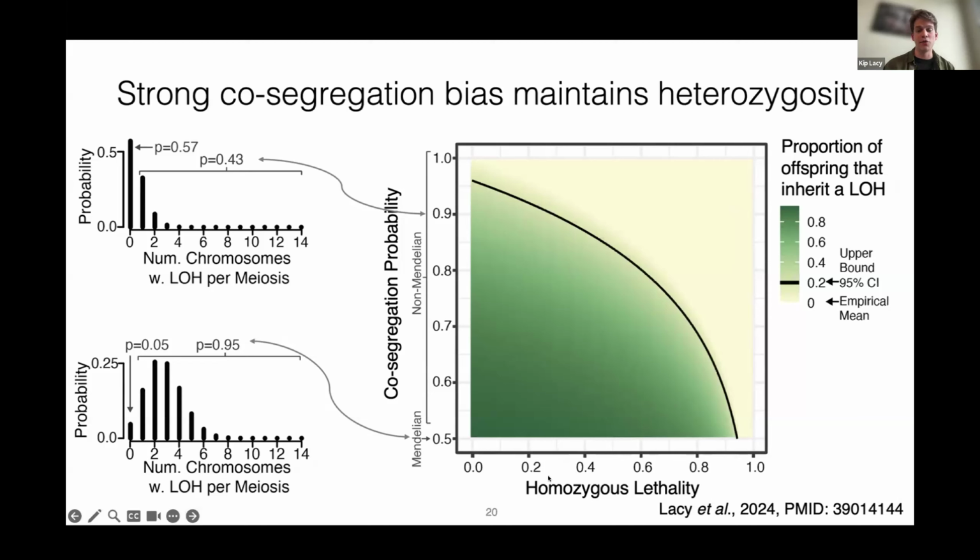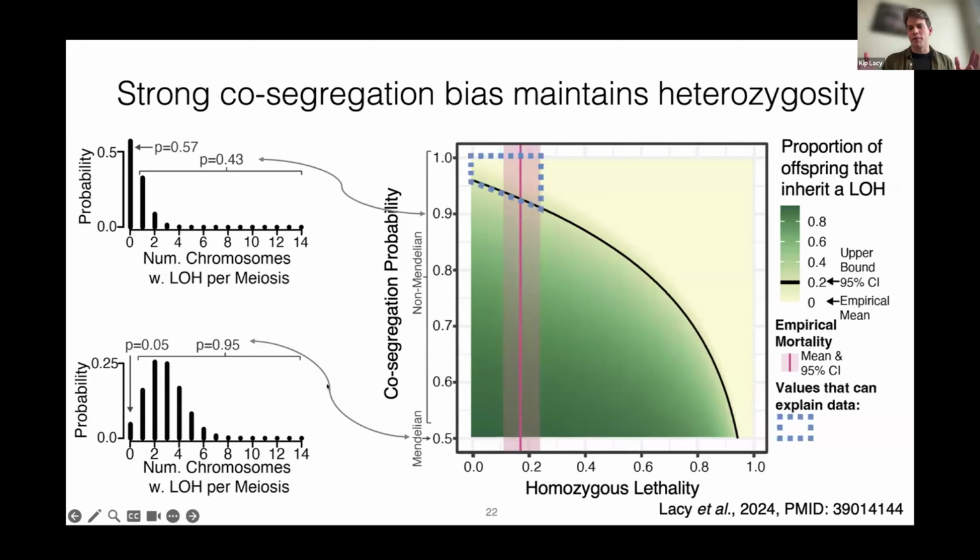And then further bounding this, homozygous lethality is hard to measure, but what you can do is just pretend that all mortality results from a loss of heterozygosity, and you say that's the upper bound. And so I basically measured mortality rates during development in replicate colonies. And then I just say that basically that's the upper bound of the effect that homozygous lethality could have.